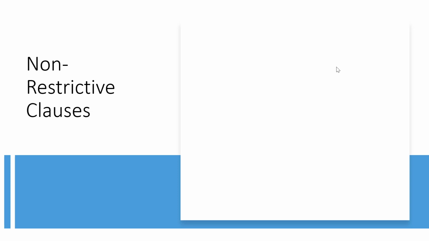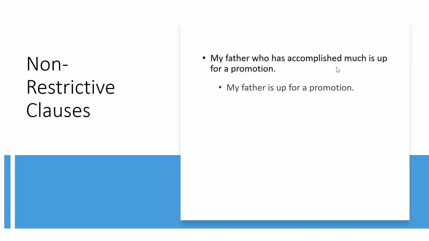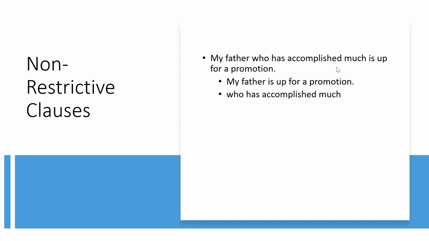Commas can be used for non-restrictive clauses. My father, who has accomplished much, is up for a promotion. The actual key part of that sentence is just, my father is up for a promotion. But as the writer, I decided to add who has accomplished much. So when I am writing that, I would consider who has accomplished much as a clause.